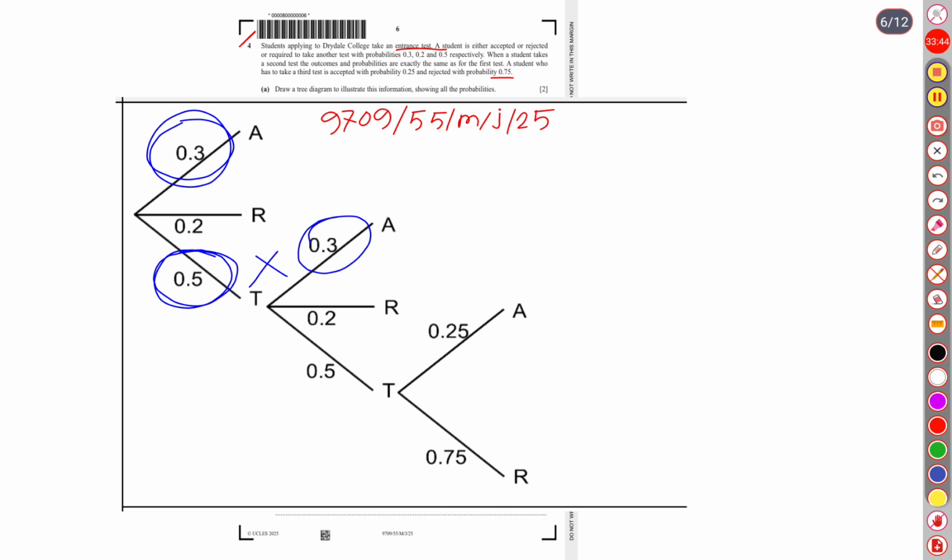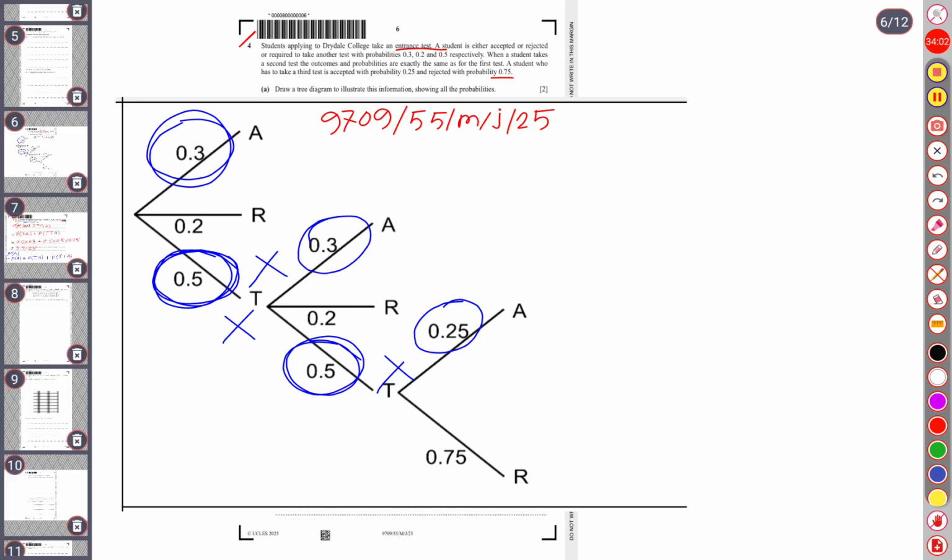Again the third case is first time he was given opportunity, second time also he has to take a chance, then finally he was accepted, so it is 0.5 into 0.5 into 0.25. So these are the possible cases. First 0.3, then 0.5 into 0.3.